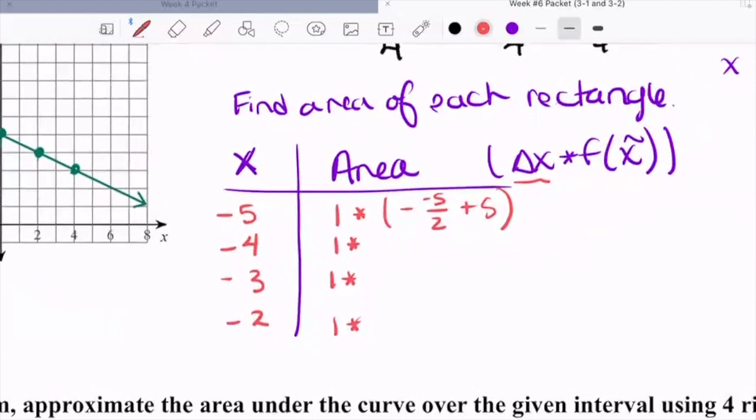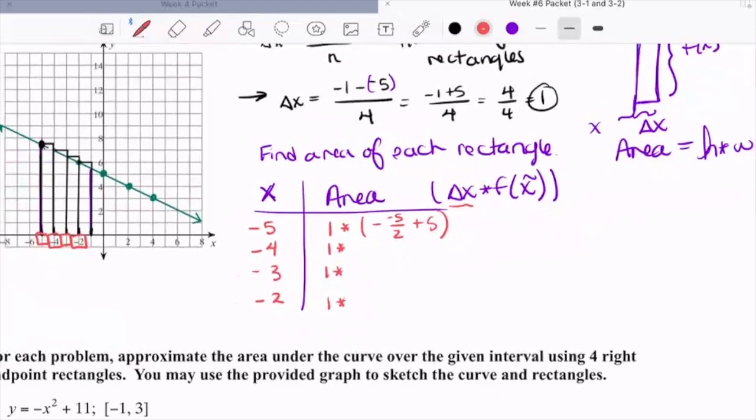And we'd continue with each of the remaining left endpoints. So we'd have negative 4 over 2 plus 5, negative 3 over 2 plus 5, and negative 2 over 2 plus 5. So let's compute each of these.